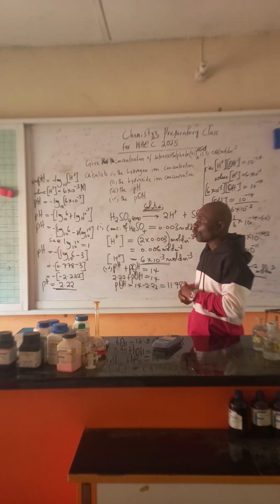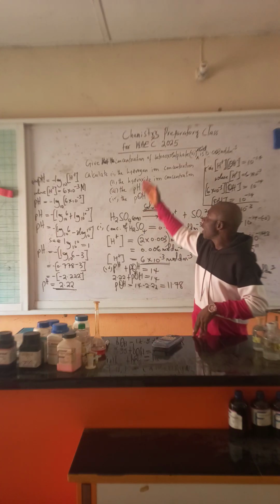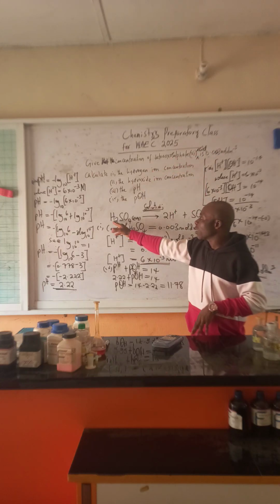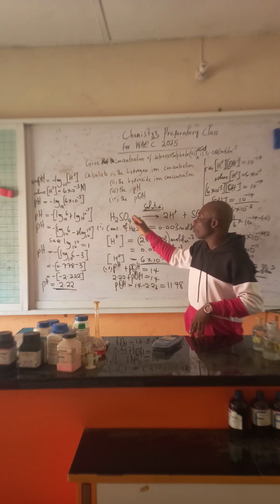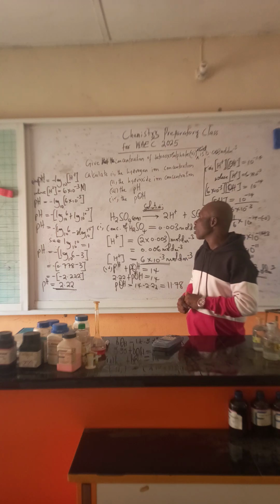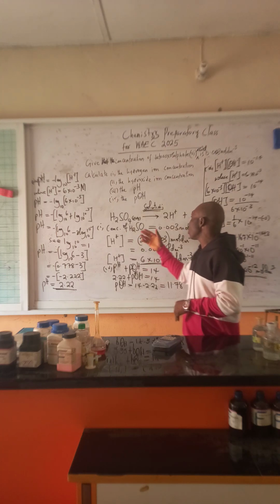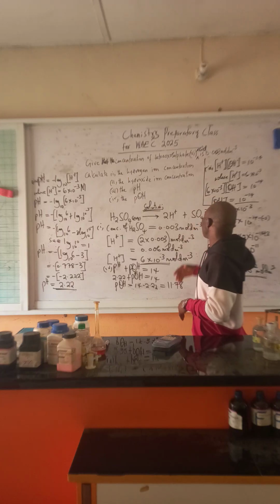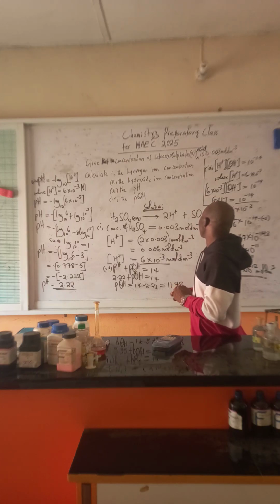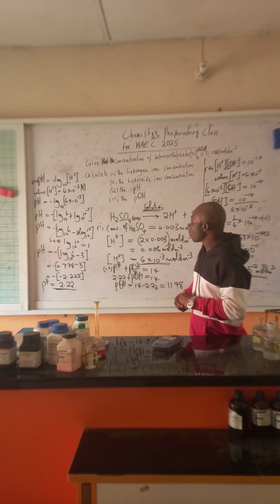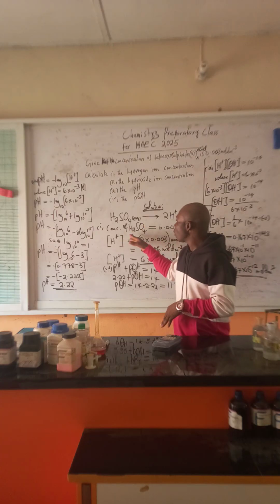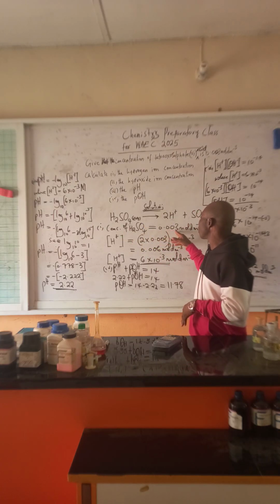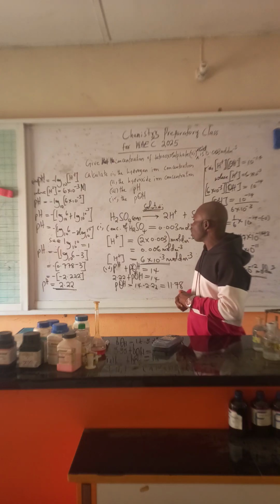The first thing you need to do is to write the formula of tetraoxosulfate acid, which is written as H2SO4 in aqueous state. When this ionizes in solution, it gives 2 hydrogen ions and 1 mole of sulfur 6 ion, SO4 2 minus. Now the concentration of H2SO4 is given to us as 0.003 mole per dm³.